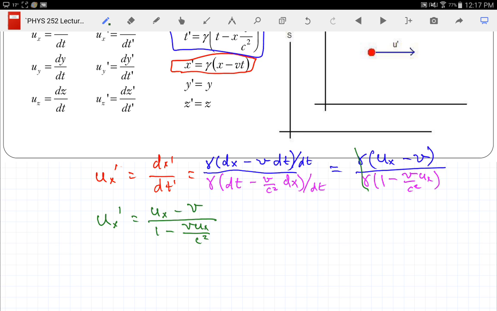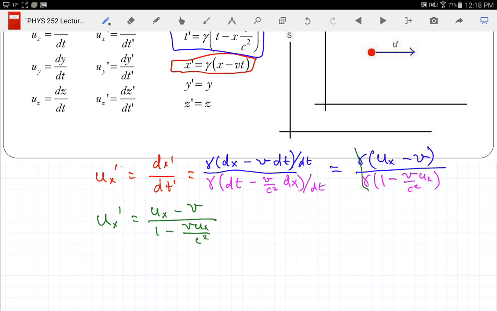So this is our velocity transformation equation. Now, it looks different than what we did in class for one very simple reason. In class, I did subscripts for both of them, and I did the velocity in the order that made this a plus sign. It just depends on which reference frame to which reference frame what that sign is.